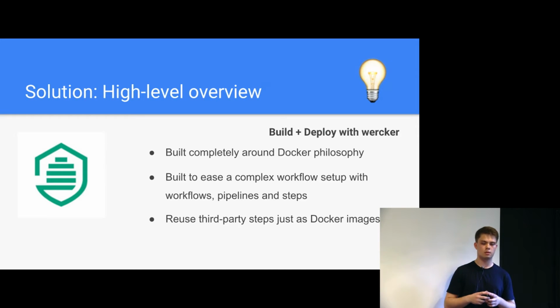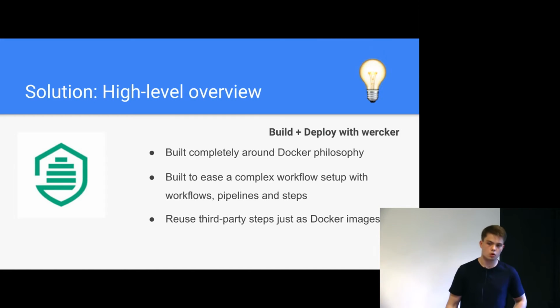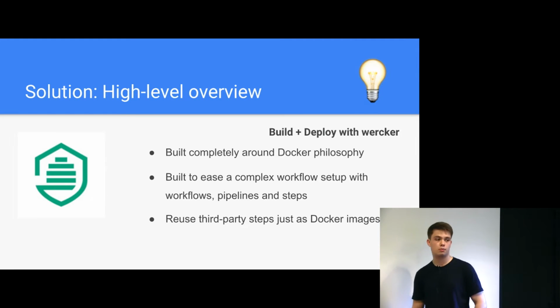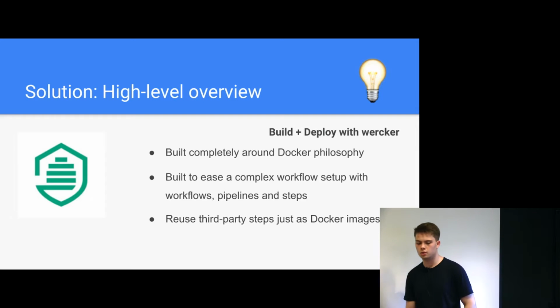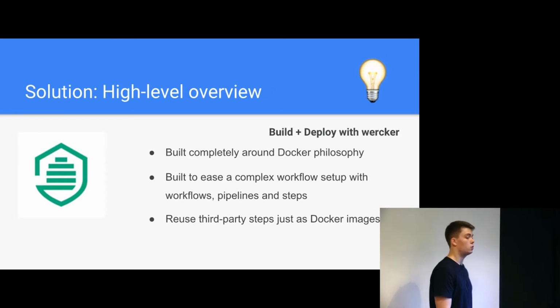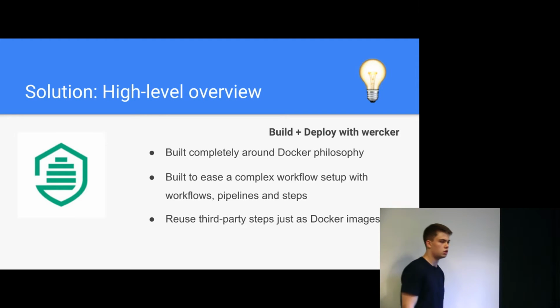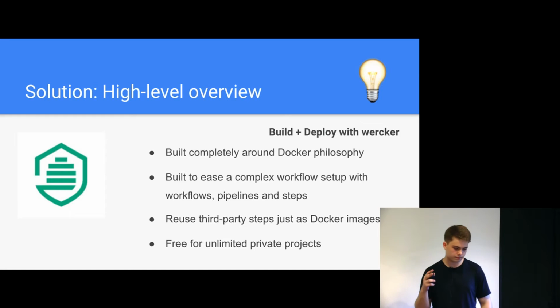Wercker also comes with its own registry of ready-to-use steps you can use for deployment, whether it be to publish your NPM package, upload your artifact to S3, or notify you in Slack when your build is finished. You have these small steps already written by other developers. You can just add them to your config file and use them in your development process.